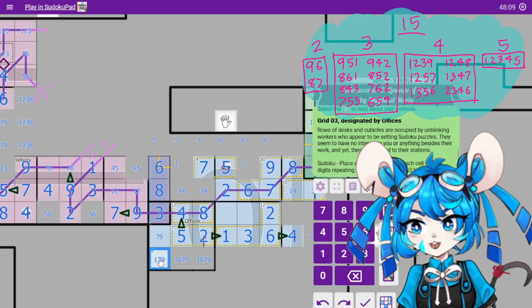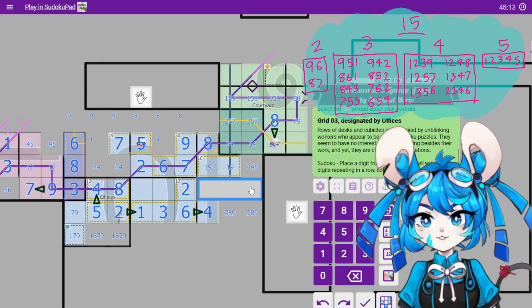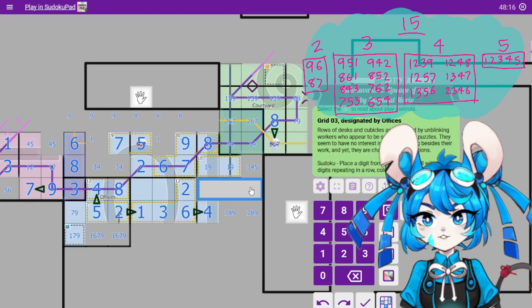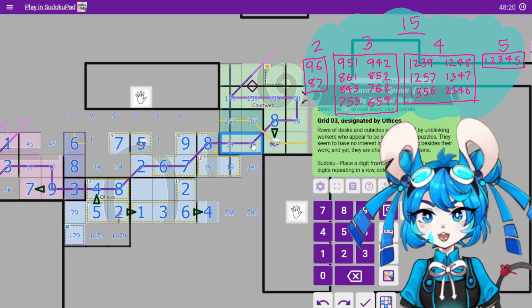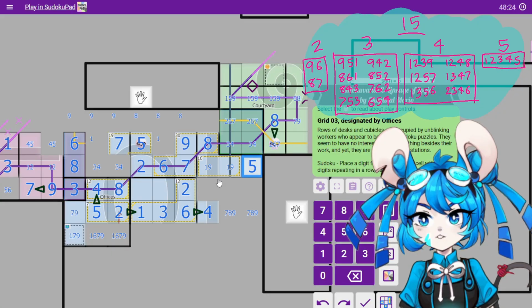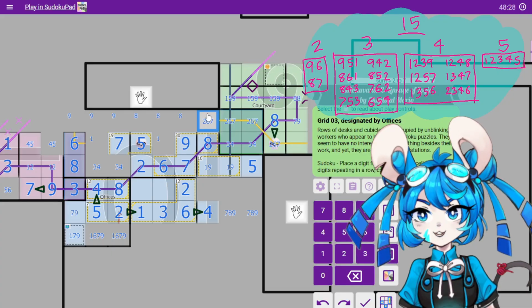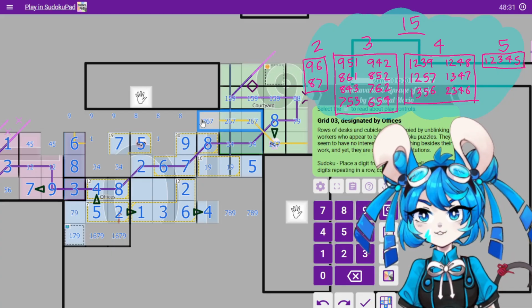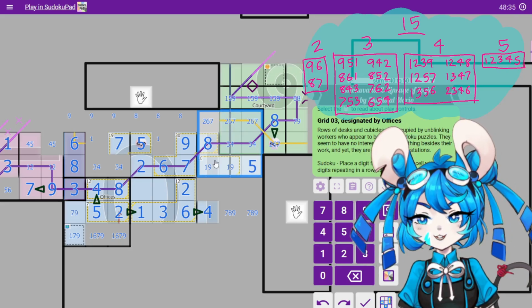Well, it pulls a 6 out of this cell, meaning there's a 6 down here, which puts a 6 up here. Well, this 276, that could be interesting to look at. Oh, this 3, 4 pulls a 4, puts a 5 here. Doesn't really help. This 2, 6, 7 also needs to go here by this box, the office's box.